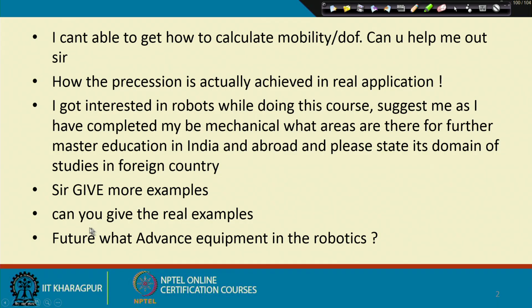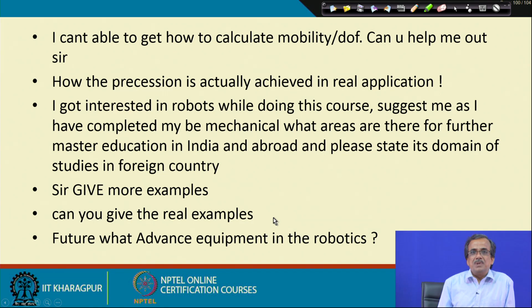The next query is, can you give the real examples? Now, I have got one further query that we have given a large number of examples. For example, the examples of the robots, okay, the applications of the robots. For example, the robots are used in manufacturing units, as I mentioned, in milling, drilling, grinding, for doing some sort of pick and place type of operation, then some sort of assembly job.